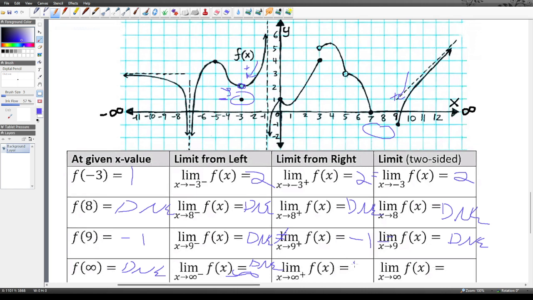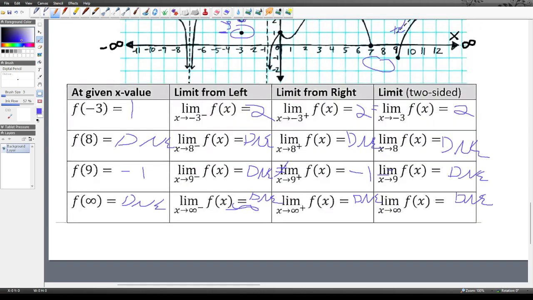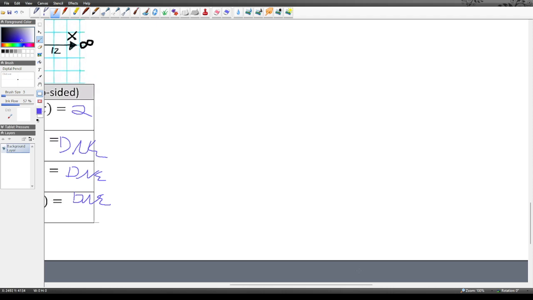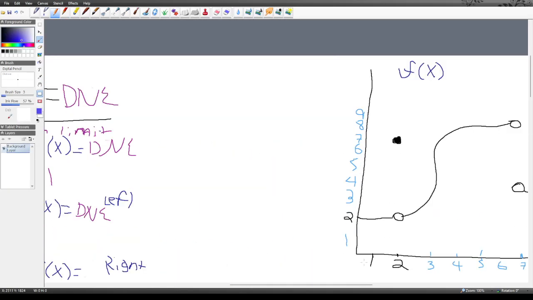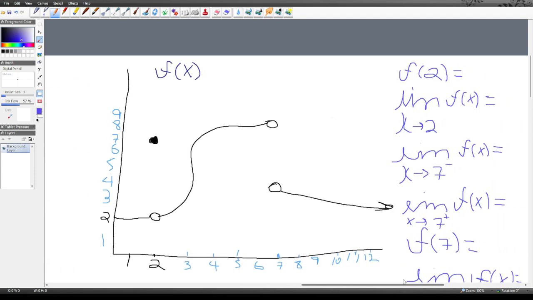So we can assume it does not exist. But this is an infinity. Remember that. But since this one does not have an infinity, it does not exist. And here we have our last couple practice sets.